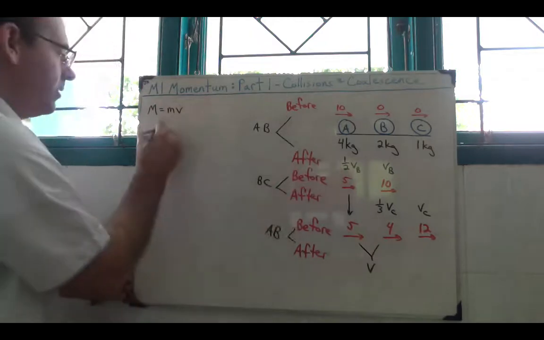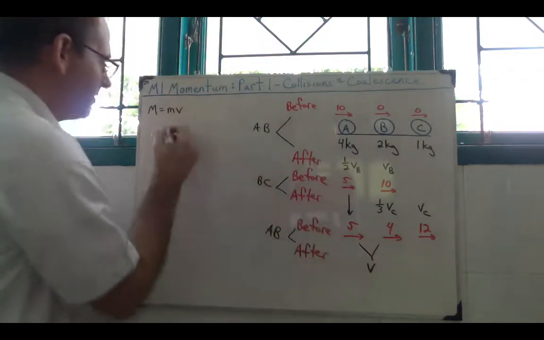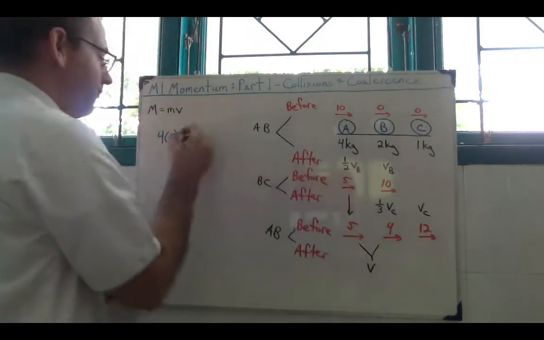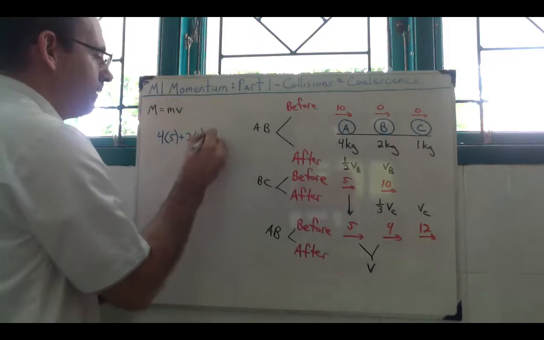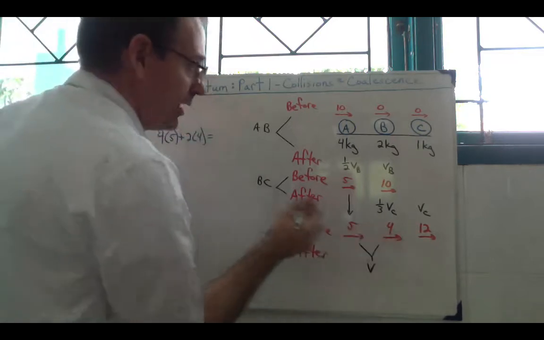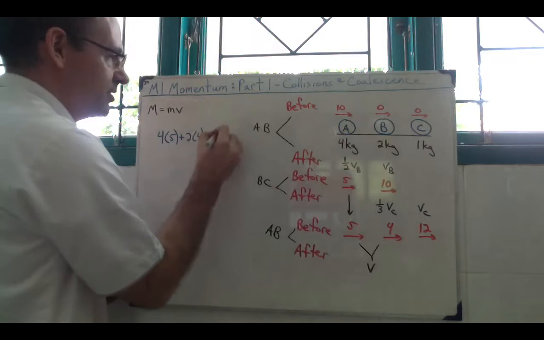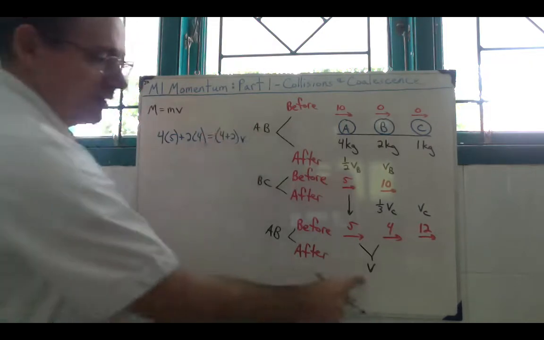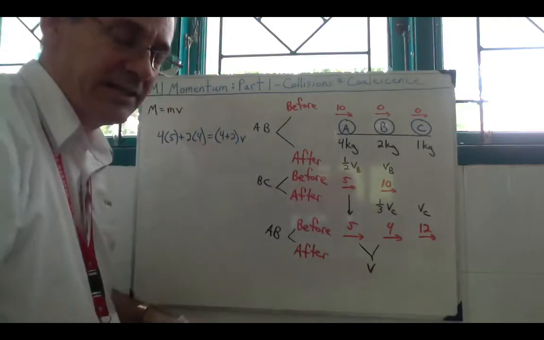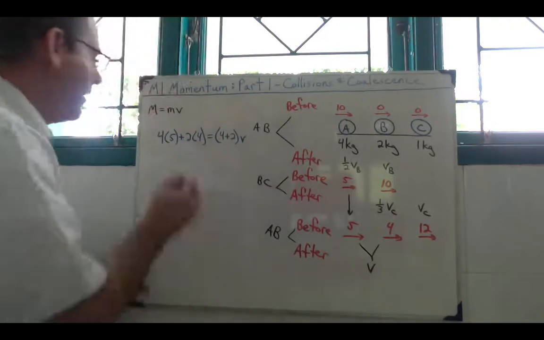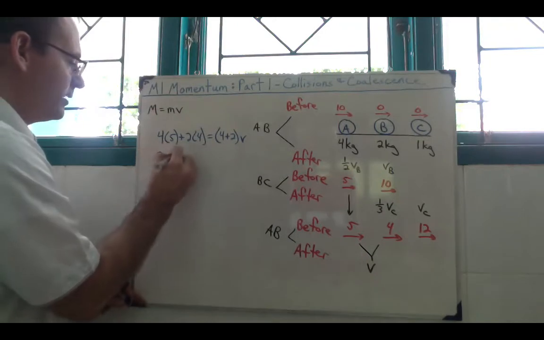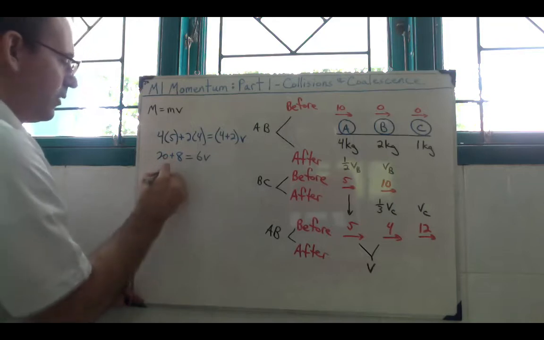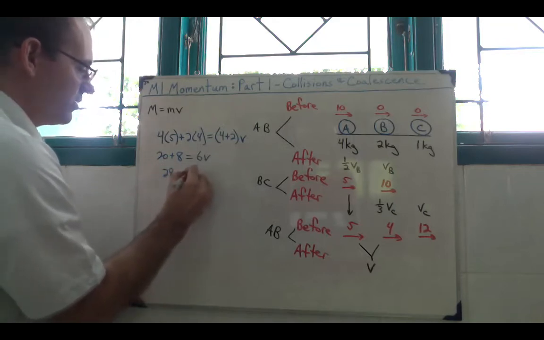So we have 4 mass times velocity plus 2 times 4 equals, they have coalesced, so that means we add them together. 4 plus 2 is the mass times V, which is our unknown velocity after the collision. So here we get 20 plus 8 equals 6V. So now we have 28 equals 6V.